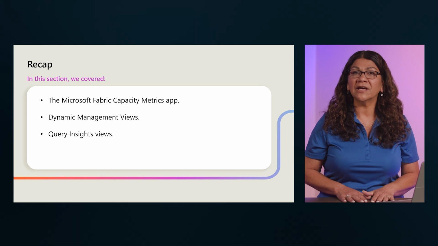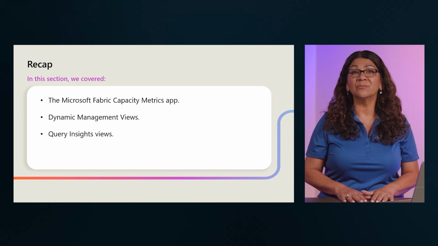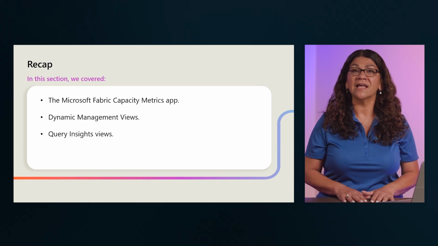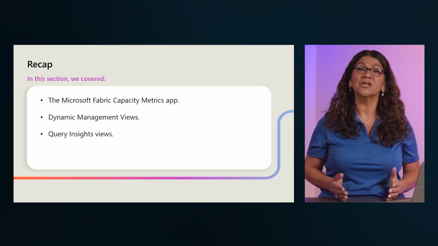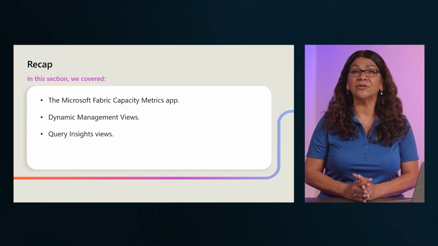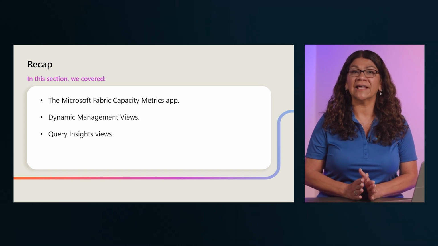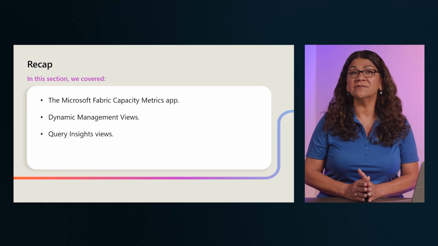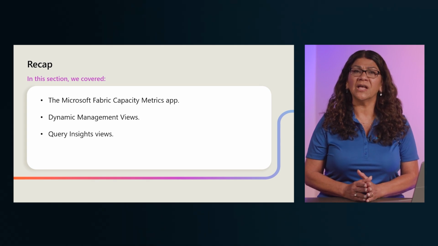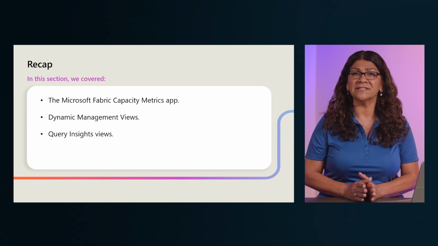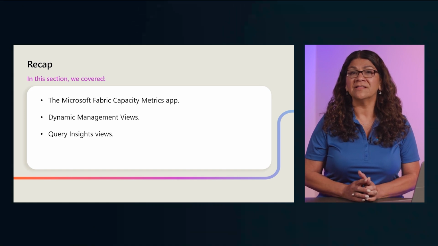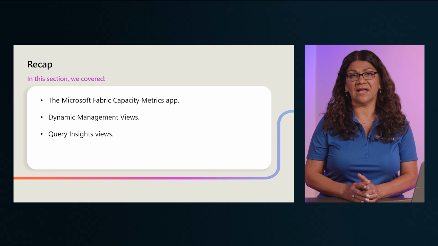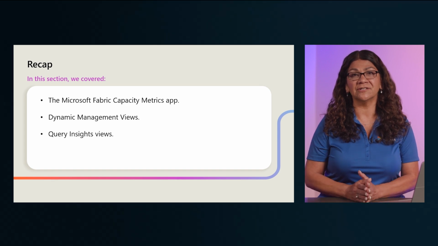In this section, we covered the Microsoft Fabric Capacity Metrics app to help us monitor our capacity metrics and manage workload costs. We also looked at a few warehouse operation categories and what they're used for to help us monitor our data warehouse. And we took a look at a time point graph that can give us even more detail on our Fabric usage.